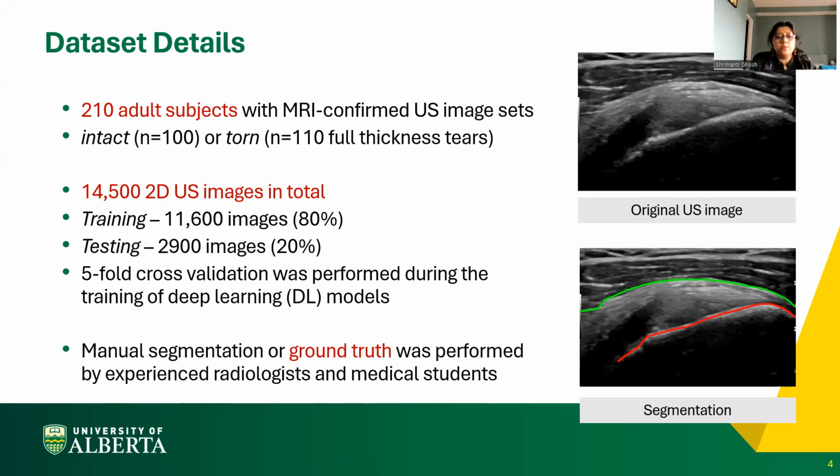Five-fold cross-validation was performed during the training of all the deep learning models that we used. Manual segmentation, or the ground truth, was performed by expert radiologists and medical students. These are examples of the original ultrasound image and the corresponding manual segmentation.